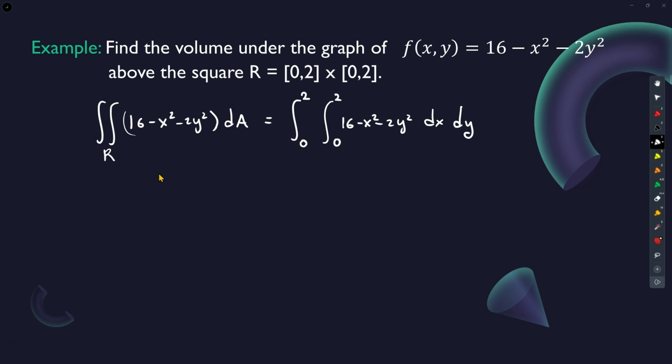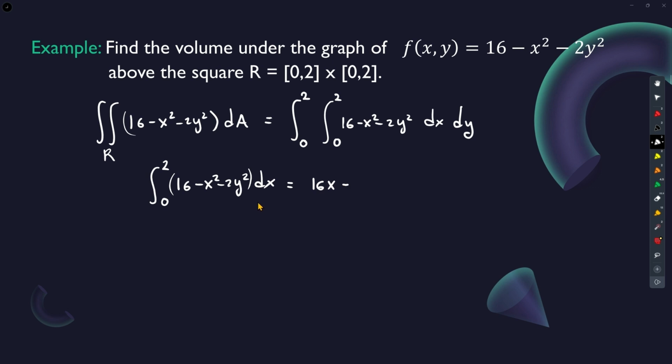So I start with just the inside. Let's do the integral from 0 to 2 of 16 minus x squared minus 2y squared dx, and let's see what that is. The integral of 16 will be 16x, plus constants, but since we're doing a definite integral, I don't need the constants.